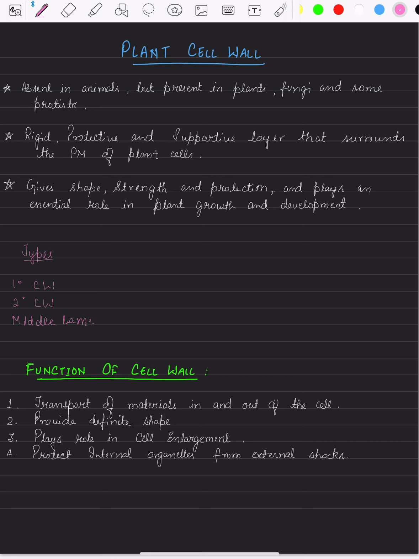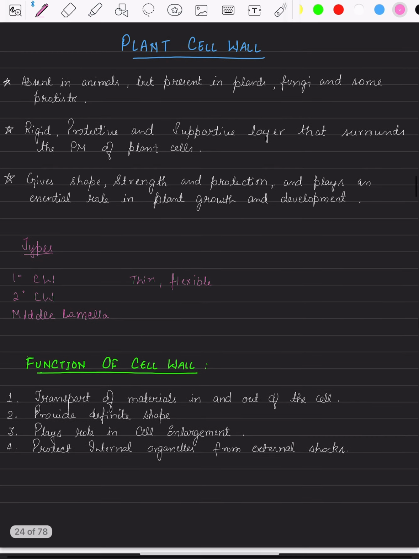The primary cell wall is thin as well as flexible and found in young growing cells.